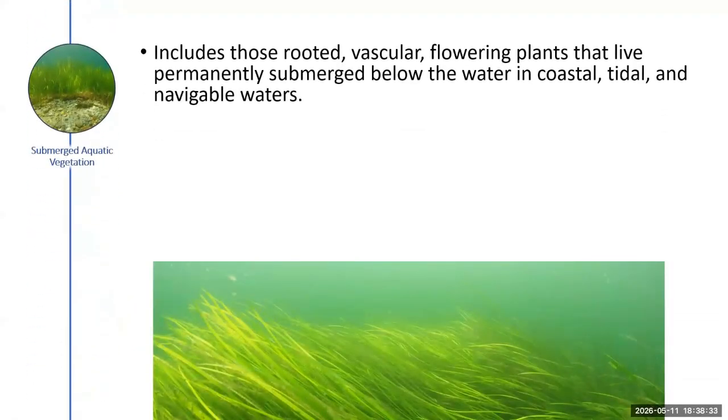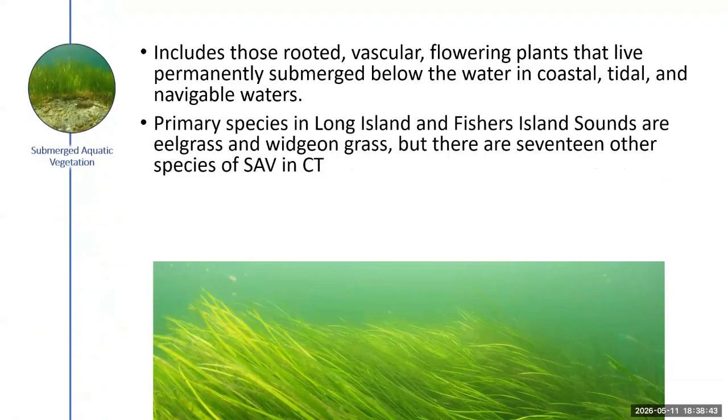And the submerged aquatic vegetation, so various vascular flowering plants that are permanently submerged in coastal, tidal, and navigable waters.